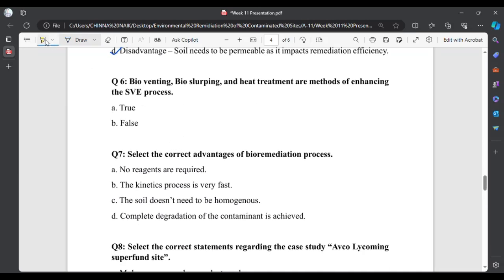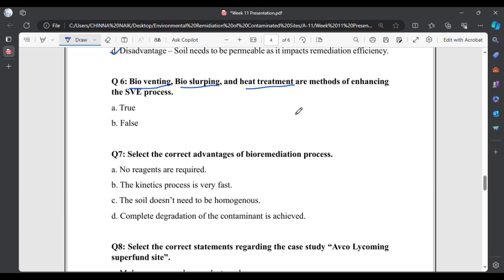So question number 6. Bioventing, bioslurping, and heat treatment are the methods of enhancing the soil vapor extraction process. Is it true or false? Bioventing, bioslurping, and heat treatment.